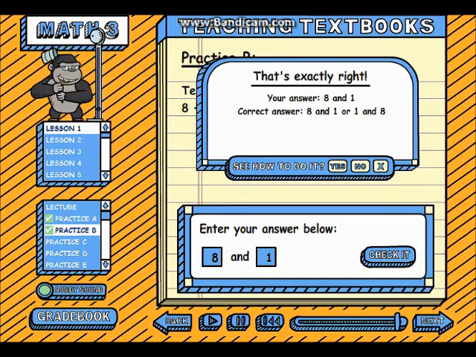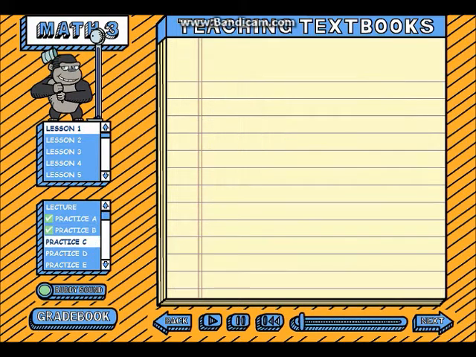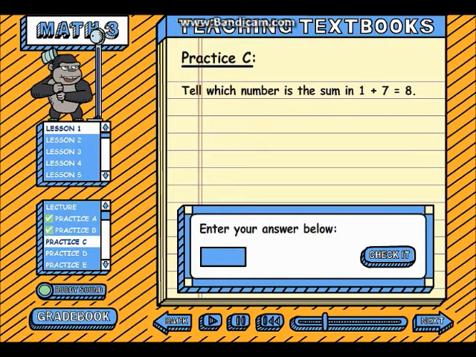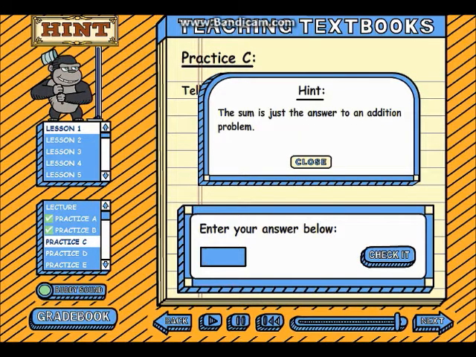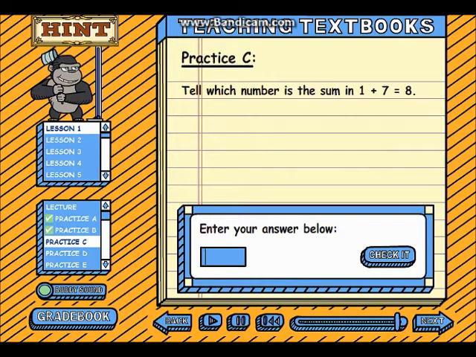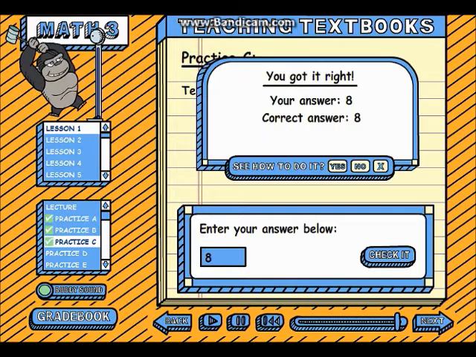Bingo! Here you need to tell which number is the sum in 1 plus 7 equals 8. Time out for a hint. The sum is just the answer to an addition problem. You got it.